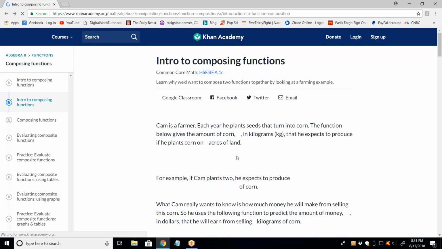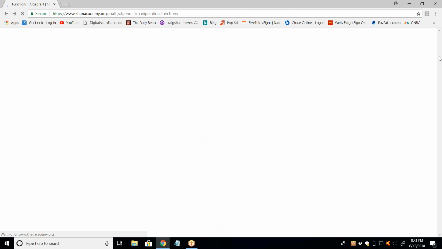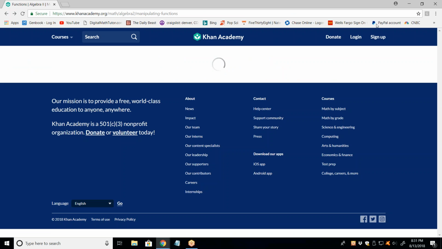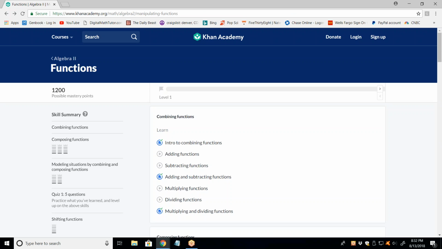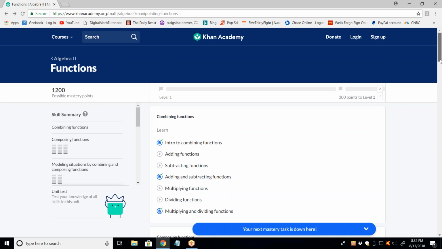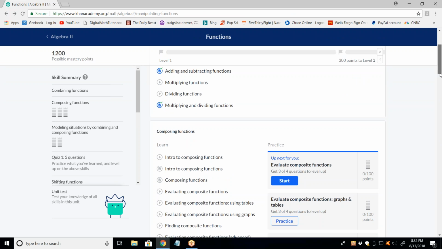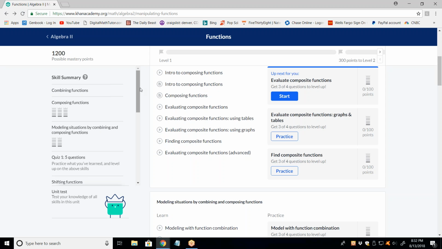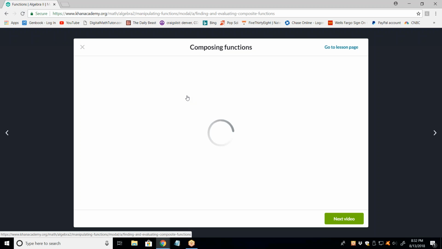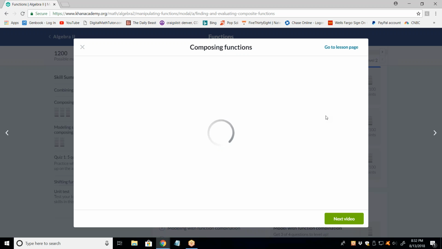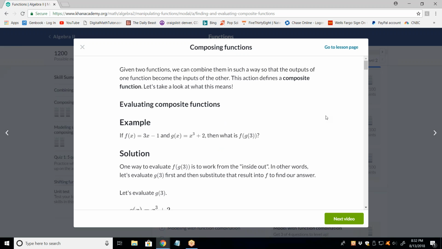I thought I saw something also, but well, let's see. Composing functions, I think. We just finished with the intro to composing functions. Let's look at composing functions. All right, this is new.